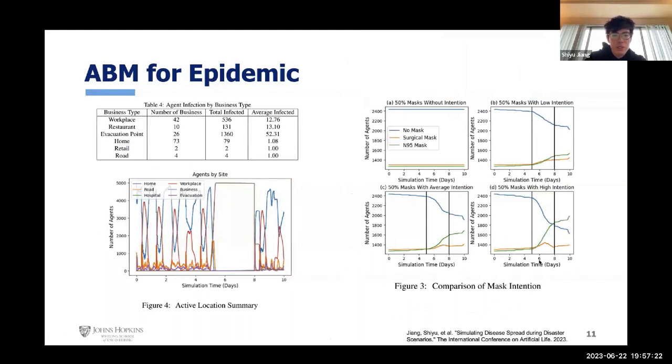Here we can see from figure 4 and table 4 the change of places of those agents. As you can see, this period is of course the evacuation period, and every agent will go to the evacuation center in this case.